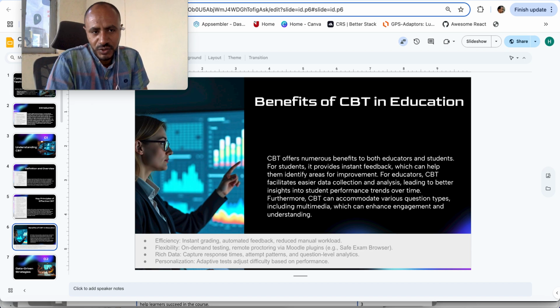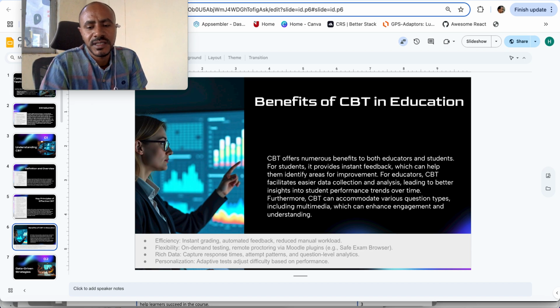Again, of course, we can apply technologies such as Safe Exam Browser that would secure the exam sessions, so students would not be able to navigate to various windows while taking exams.